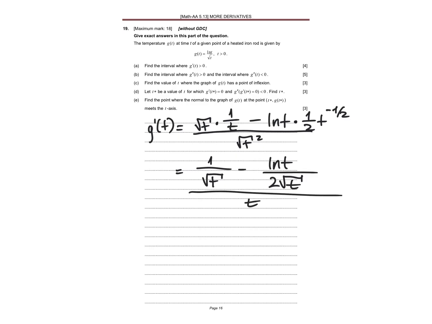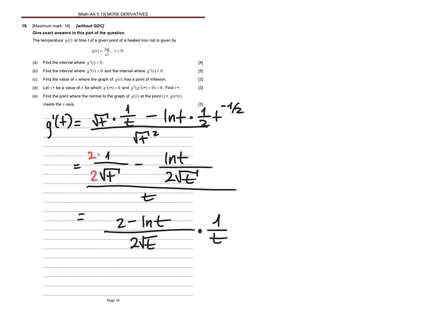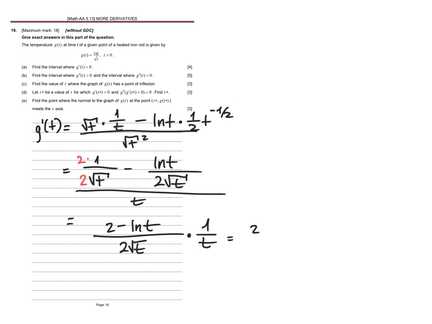And then this is over t. If we multiply by 2 to get the same denominator, we're going to have 2 minus natural log t over 2 root t, and then we flip and multiply. So that gives you 2 minus natural log t over 2 t to the 1 plus 1/2, 3/2.